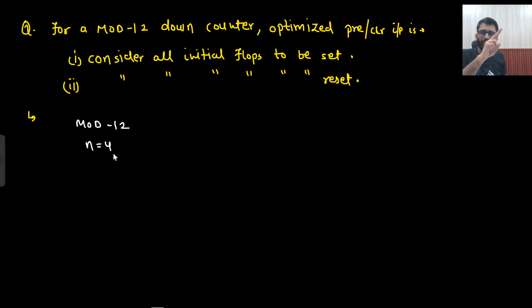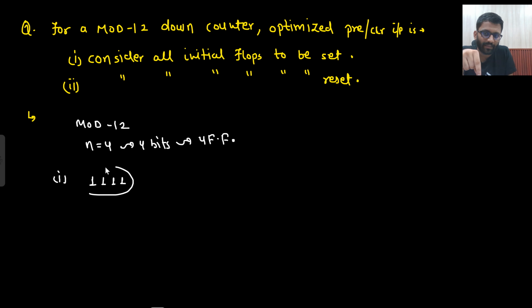Because with 3 flops you will get 8 states only, but with 4 flops you can get 16 states. So you require 4 flops. Basically there will be 4 bits, and I need 4 flip flops. Okay. Now consider all initial flops to be set. Now the first question: initially all the flops are set, then all are set, that means this is the maximum.